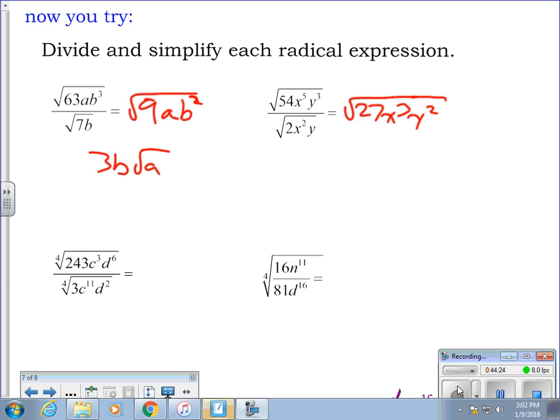So I have a 3 outside and a 3 inside. X cubed. Square root of x cubed: 1 root 1 remainder 1. X to the 1st, x to the 1st. And then y squared. Oh, that's a perfect square. Square root of y squared is y.